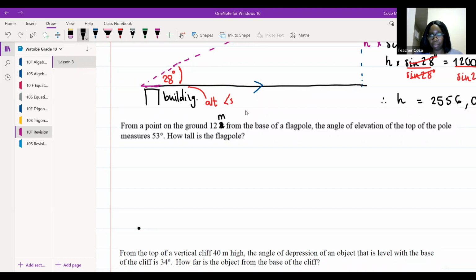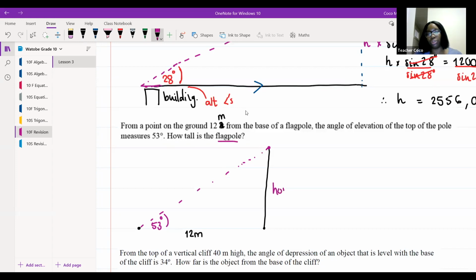If this is the base of our flagpole, and this distance from here to there is 12 meters, and the angle of elevation from the point to the top of the flagpole measures 53 degrees, this measures 53 degrees.